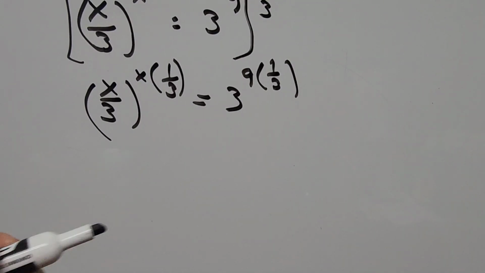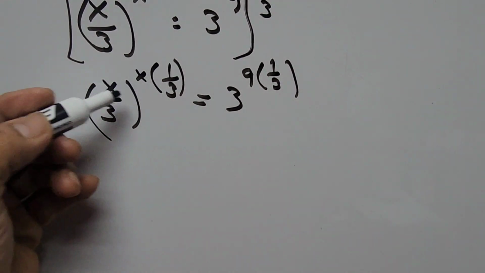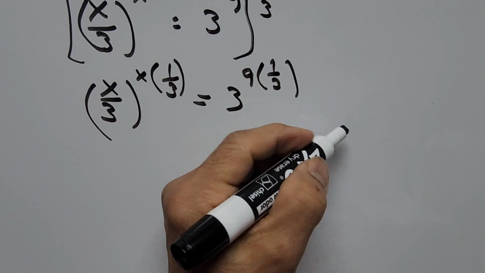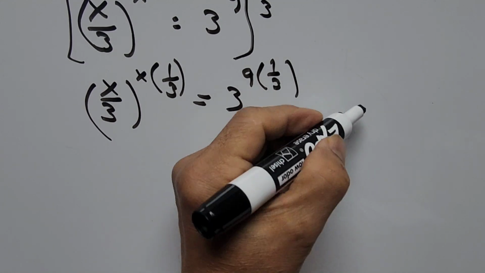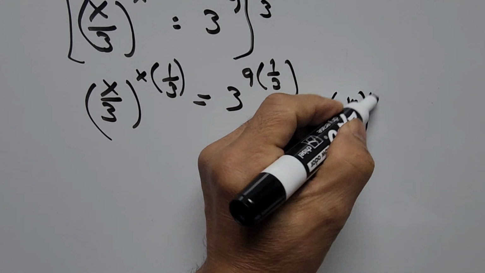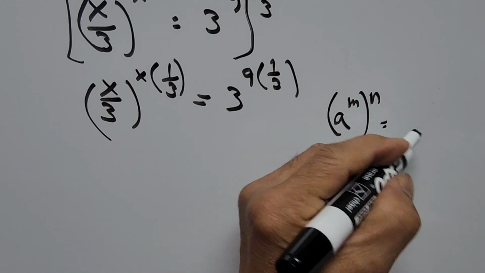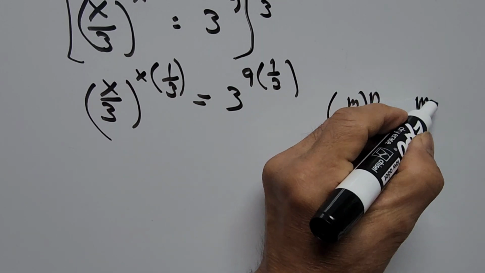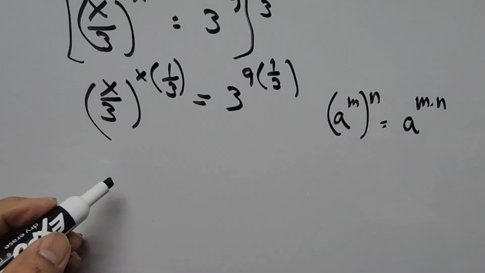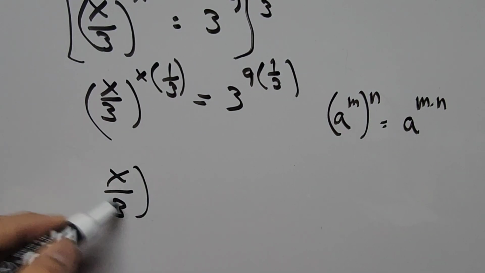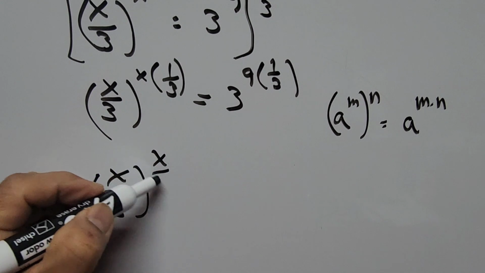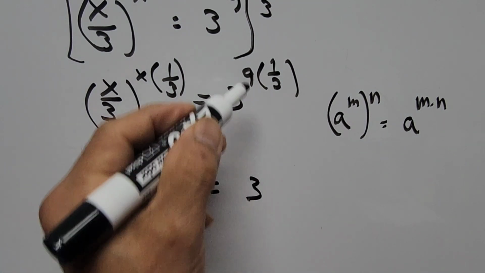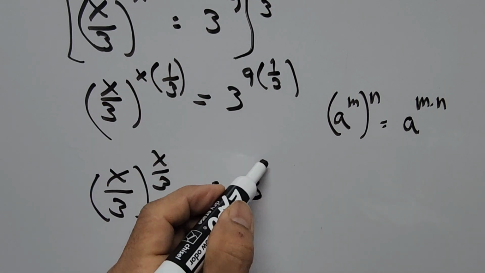And so then the exponents, we can multiply those. Based on the exponent formula again, if we have a to the power of m raised to the power of n, this is the same value as a to the power of m times n. So we have x over 3 to the power of x over 3. On the right-hand side, 3 to the power of 9 divided by 3, so that's 3.